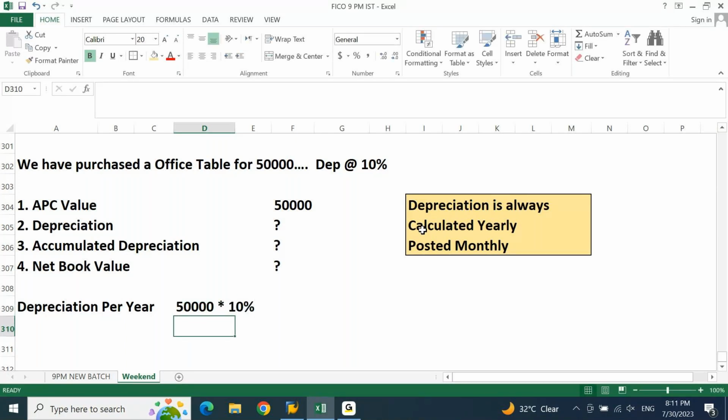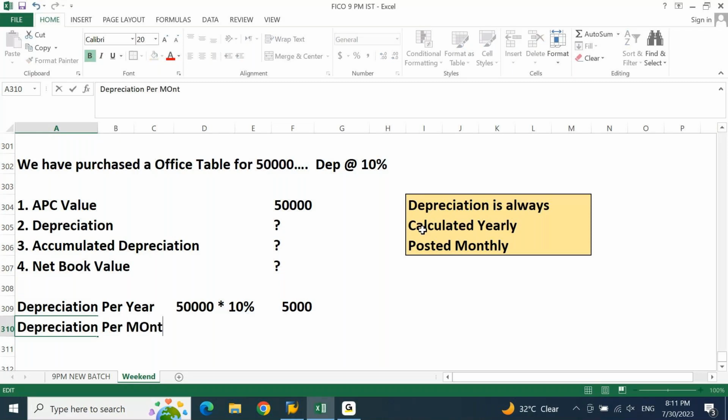Right. So this is 5,000. Is this clear? Depreciation per year will be 5,000. Now depreciation per month will be per year, which is 5,000, divided by either 12 months or 365 days.